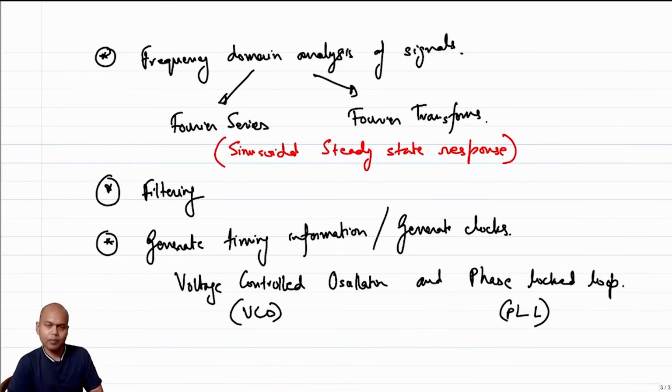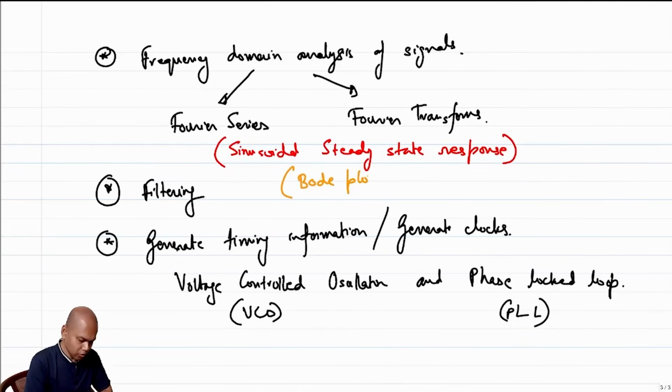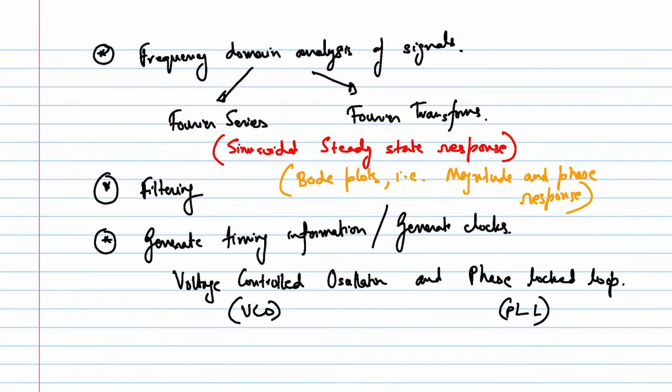We are going to revisit that, but I would expect that we know how to analyze a sinusoidal steady state response, which essentially means that you should be comfortable with Bode plots, i.e. the magnitude and the phase response of an LTI system. Okay.